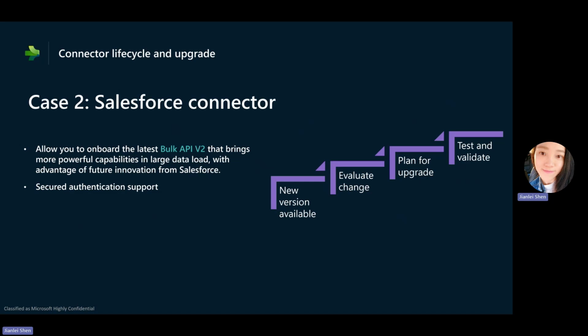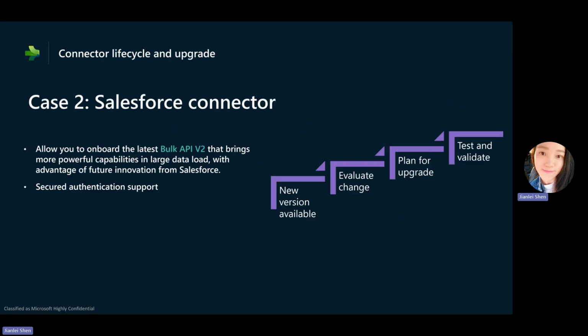And the second one is the Salesforce connector. Salesforce released Bulk API v2 years ago, and we received many customer feedbacks and requirements on adopting Bulk API v2 because it brings more powerful capabilities in large data load. So by taking advantage of this, we have released Salesforce v2 as a new connector in this lifecycle story.